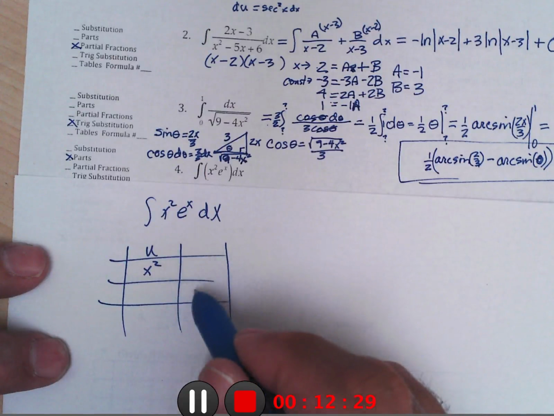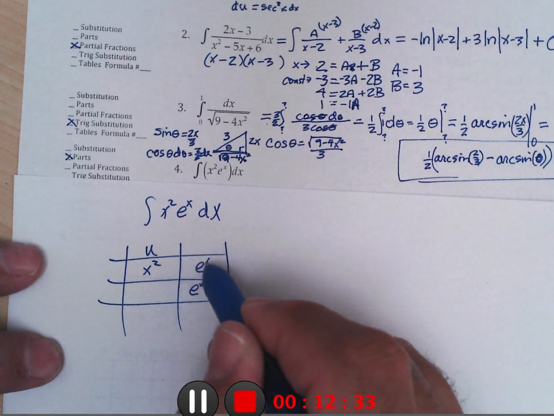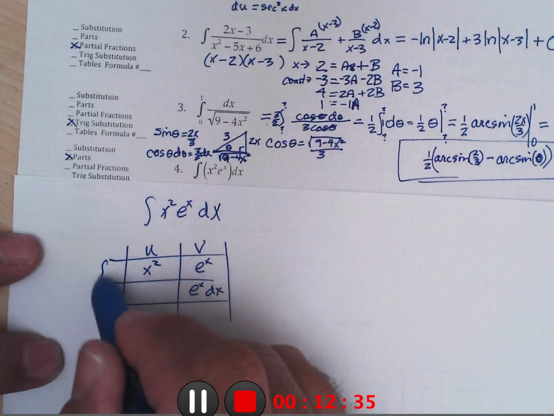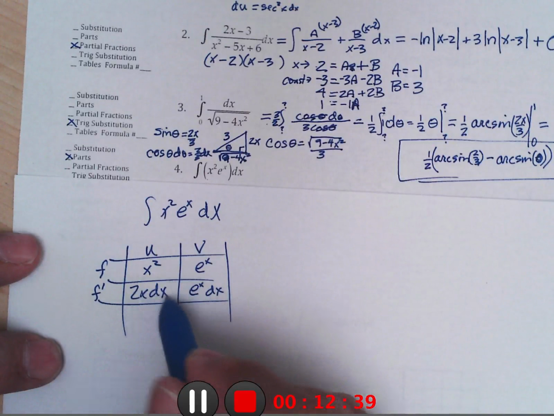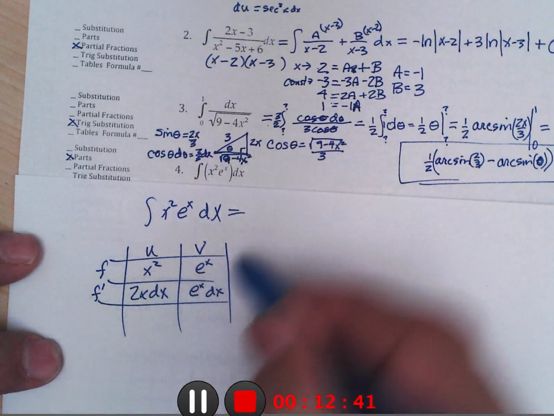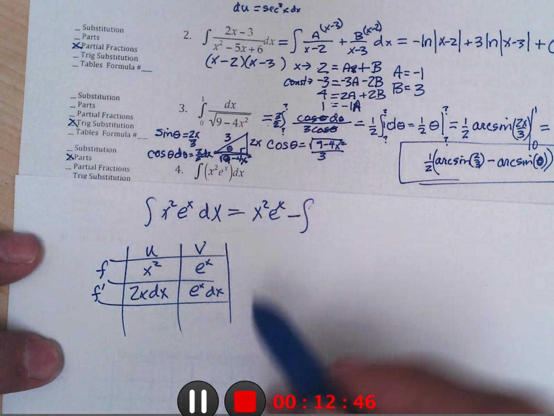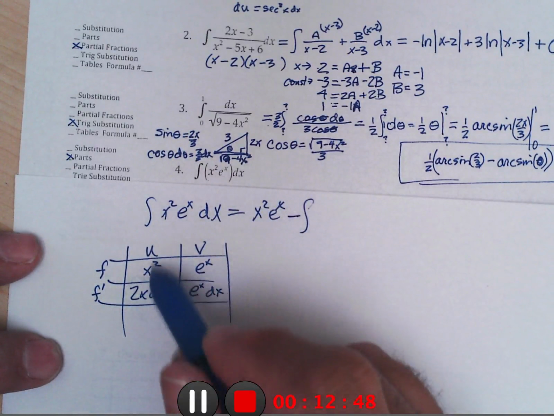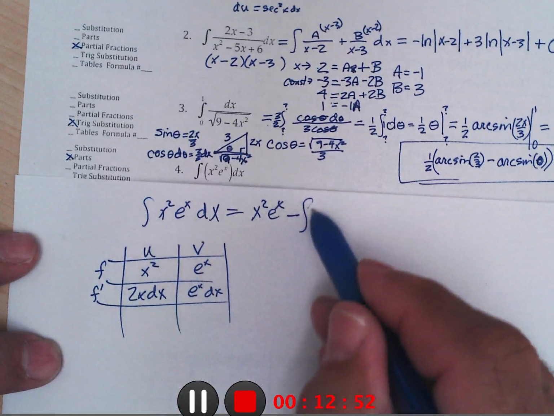E to the x dx here, integrated is e to the x, that's v. And the derivative is 2x dx, so this becomes uv minus the integral of u prime v, which is 2x e to the x dx.